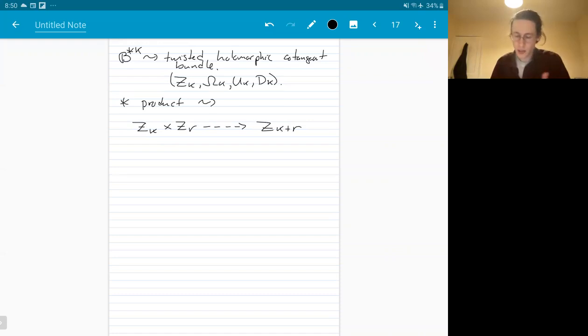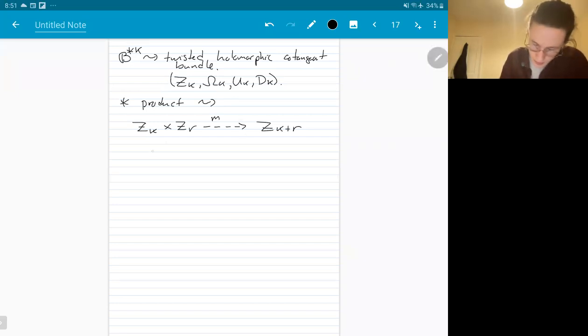And whatever this relation is, it also lifts to the level of the holomorphic prequantizations. So the tensor product on the level of line bundles, for these U_k, we get a cocycle.